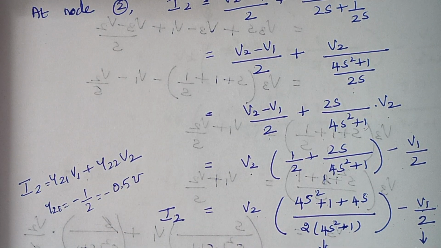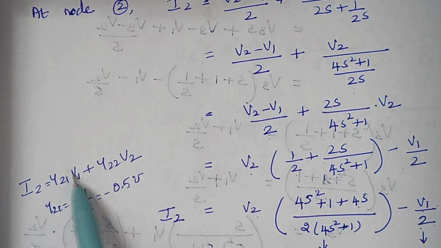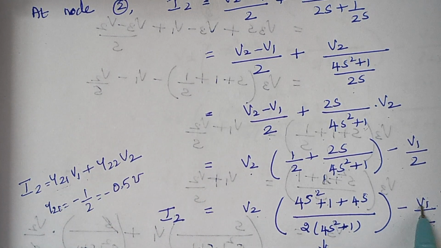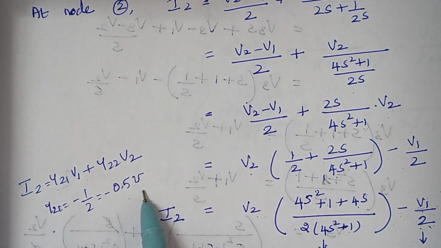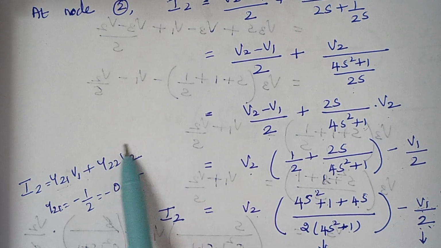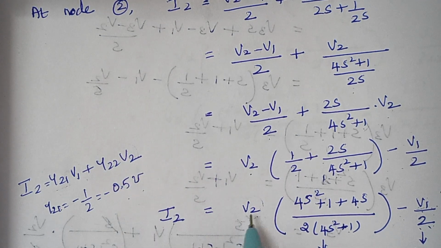Is it clear? So here we are having V1 and here it is V1. So in the place of Y21, I am having minus 1/2. So minus 1/2 makes minus 0.5 mho. Again, when you compare the coefficients of V2, here I have V2 and here it is also V2.